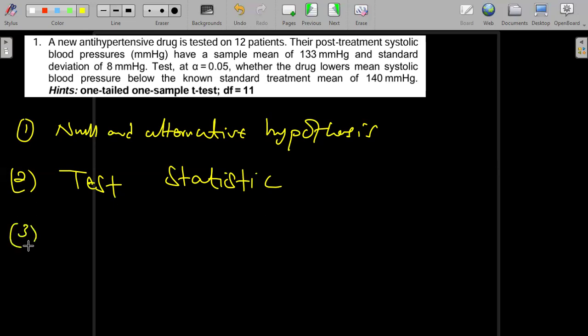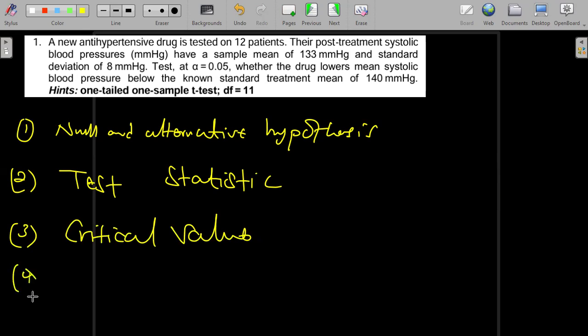The third step is determining the critical value, based on the hypotheses that you have come up with. If it's a one-tailed test, then it will either be positive or negative. But if it's a two-tailed test, then you have a negative one and a positive one. So come up with a critical value.